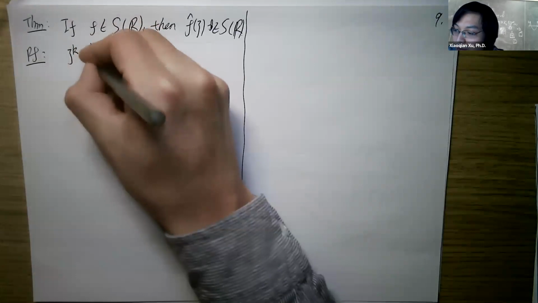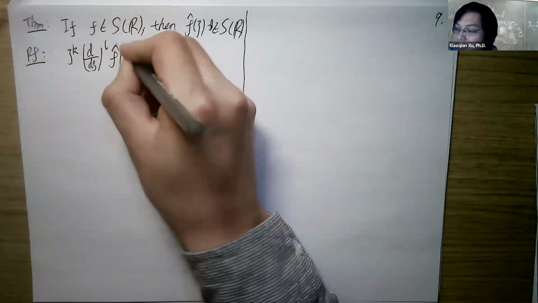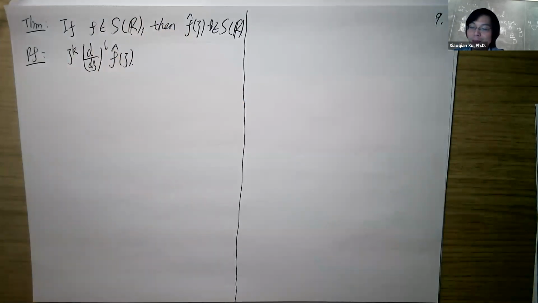If you want to estimate the decay, or whether it's bounded above or not, of ξ to the power k, d over dξ to the power l of f hat of ξ, you just need to check whether another function is in M_R or not, or in S_R, because we know that for a moderate decreasing function, the Fourier transform is bounded.